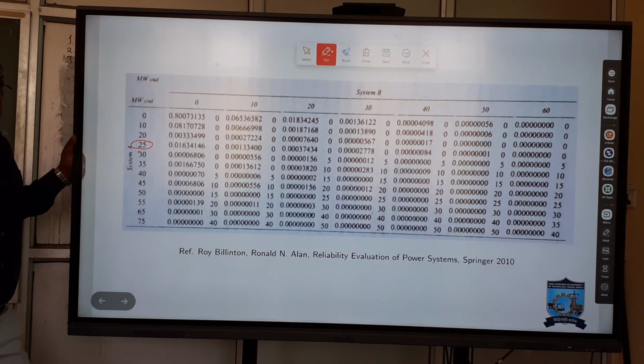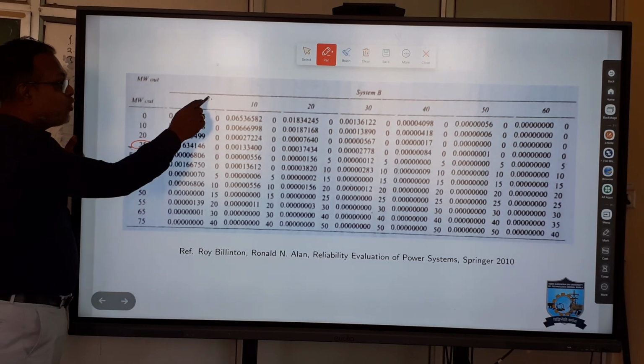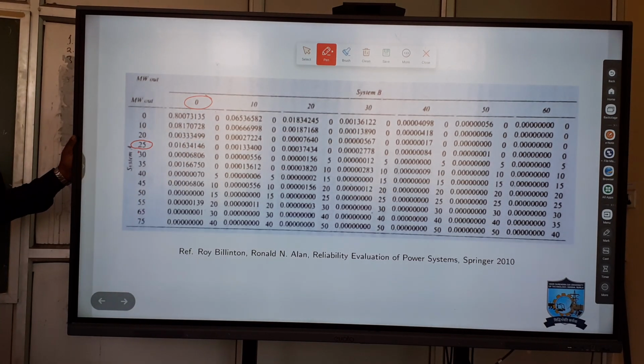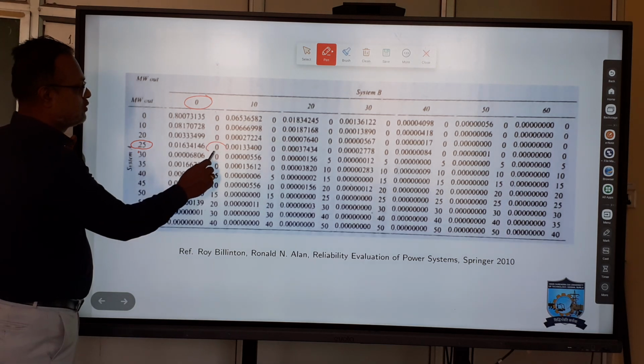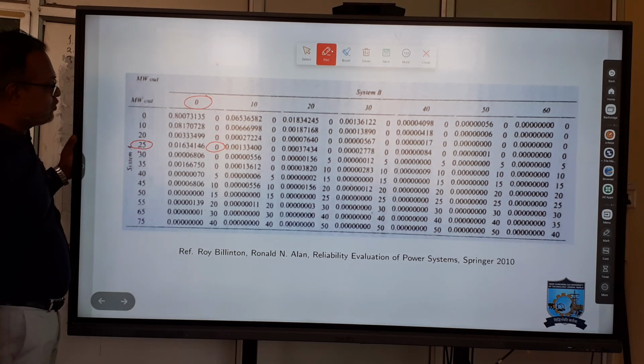But in that situation, if there is no outage in system B, then we can get assistance from system B. So there is no loss of load.